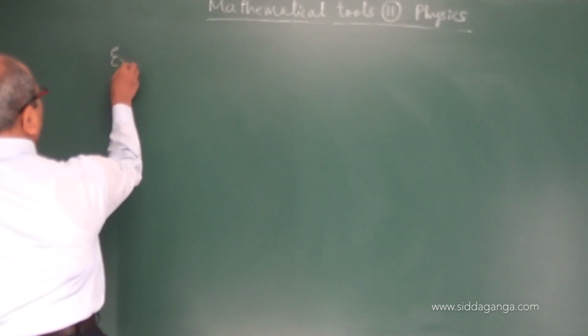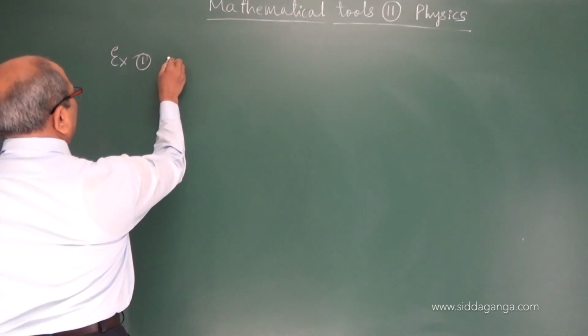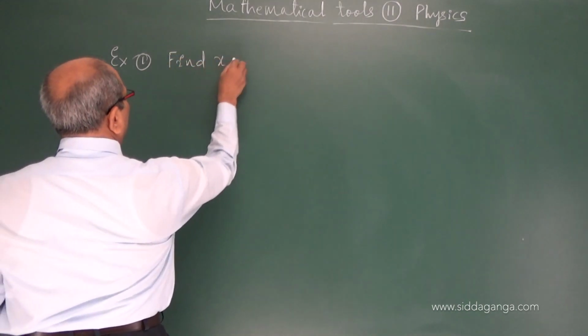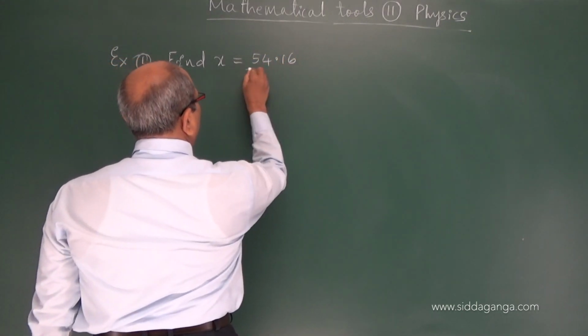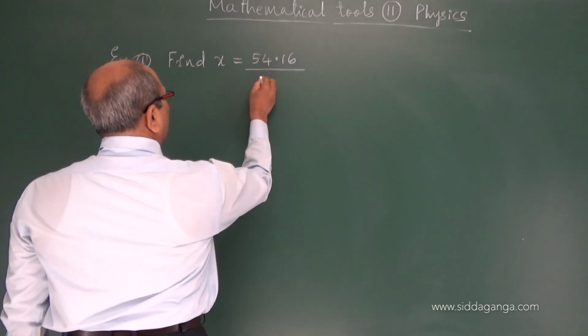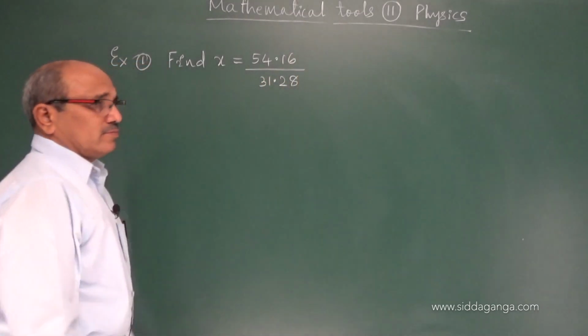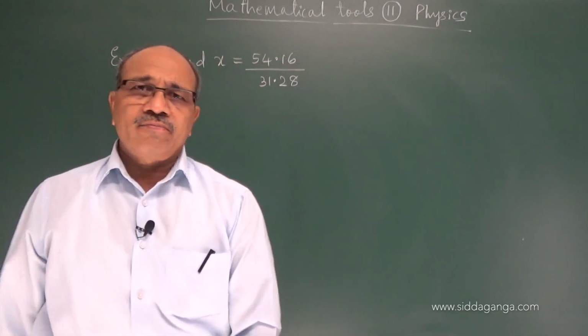So let us take the example. 1. Find x: 54.16 divided by 31.28. How can we get this?